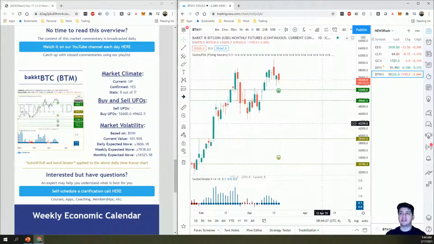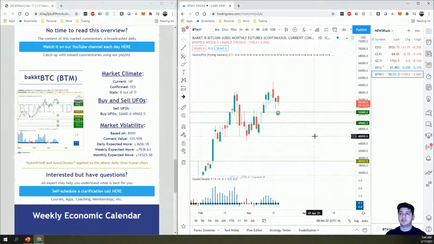So nothing to look at there. Similarly to the ES, the Bitcoin made a really strong push upwards into these 58,000s, has then pulled back, some more consolidation here, and then this launching pad all the way up through the 60,000s.